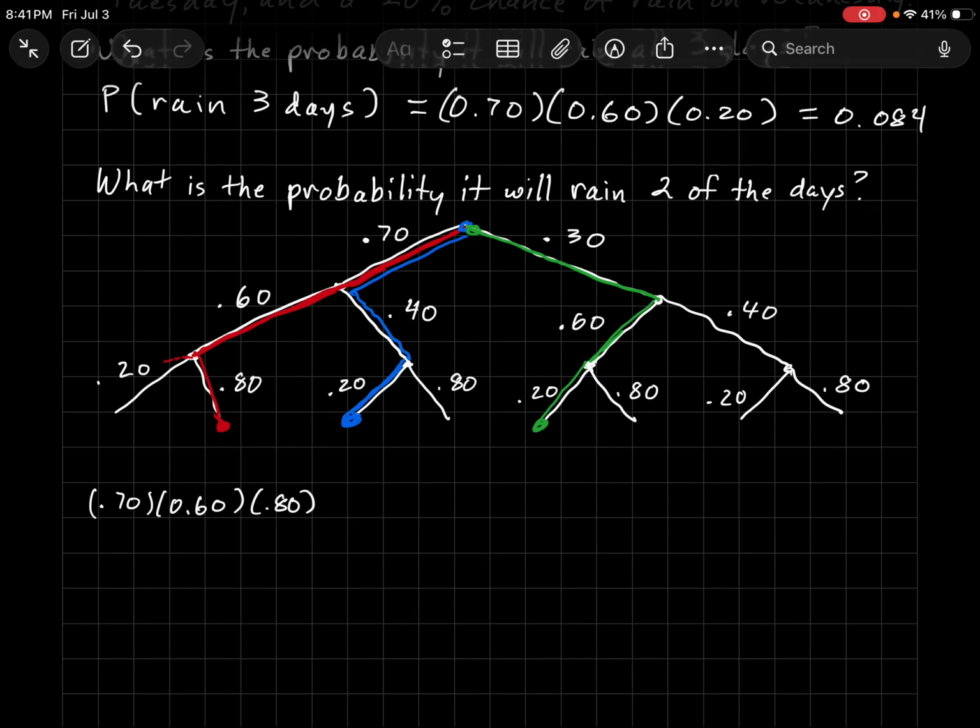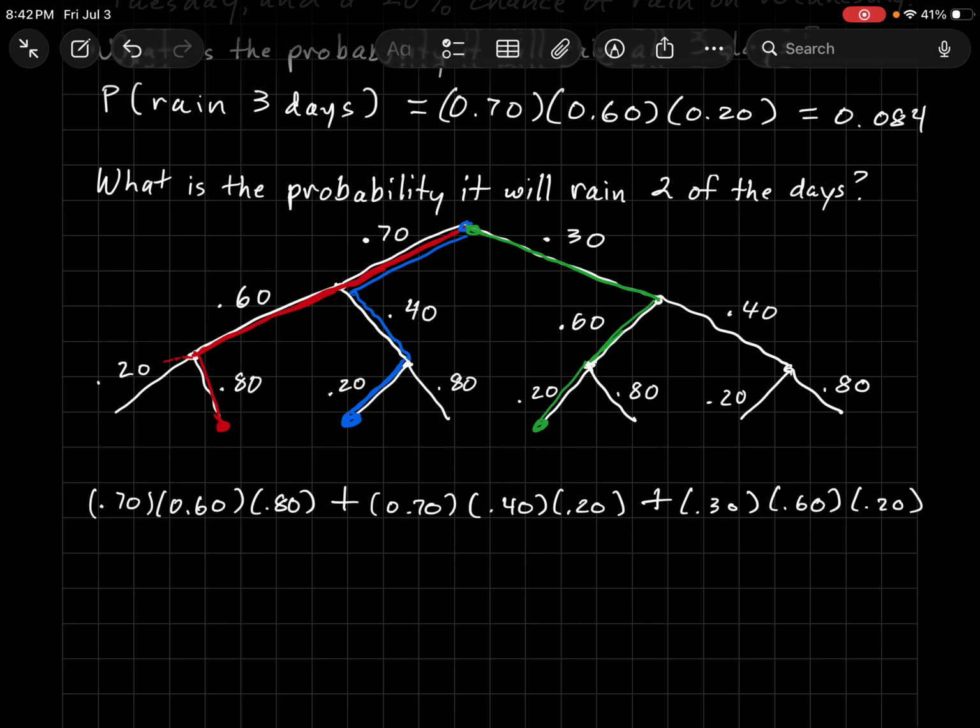Or it could be the blue path, which is rain, no rain, and then rain again. Or it could be the green path, which is no rain, then rain, then rain. So it could be either the first one or the second one or the third one, and I emphasize or because I know that means to add each of these individual probabilities together.